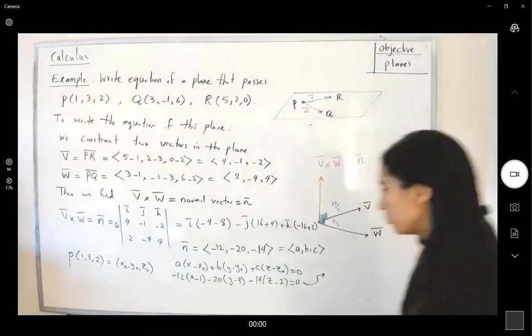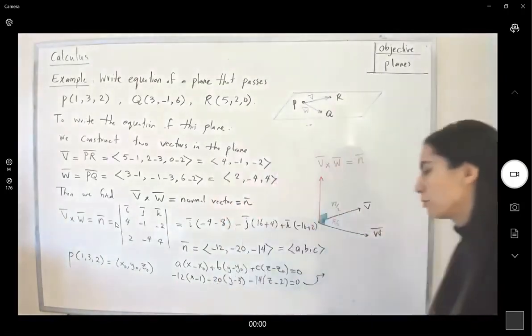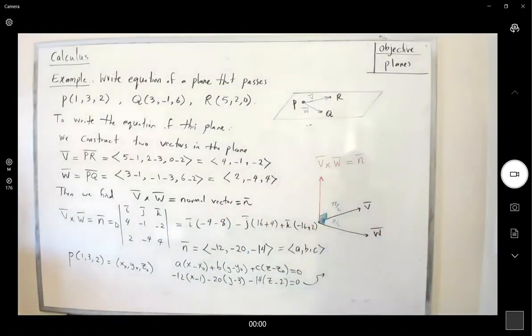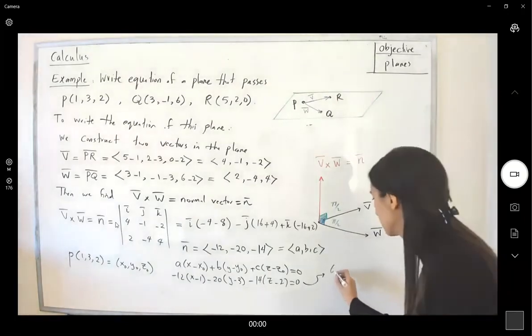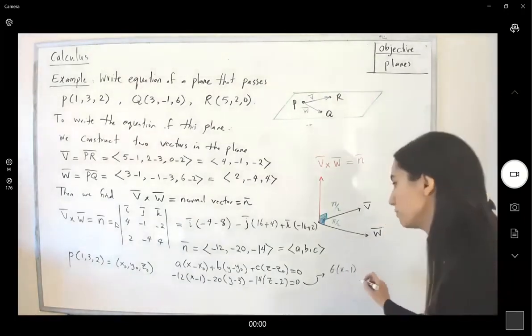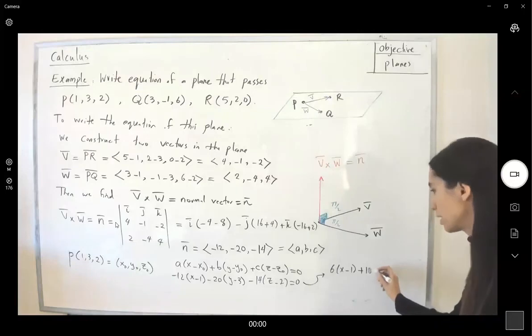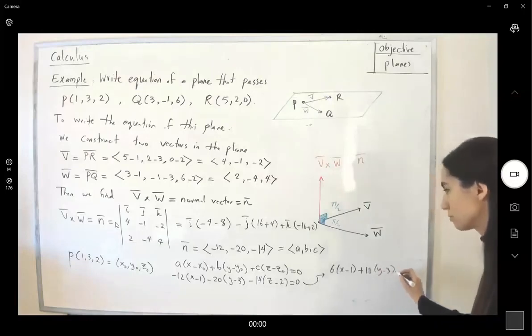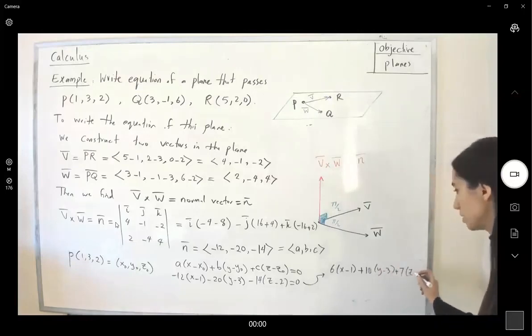If we multiply everything by negative a half, we get 6 times (x minus 1) plus 10 times (y minus 3) plus 7 times (z minus 2) equal to 0.